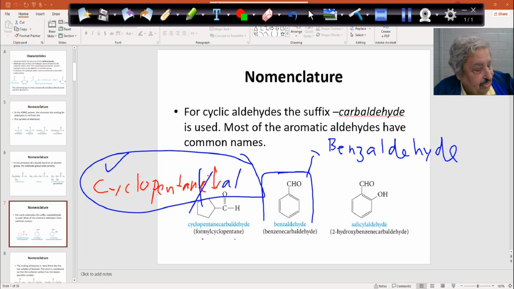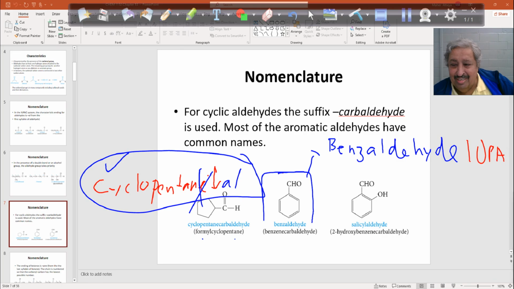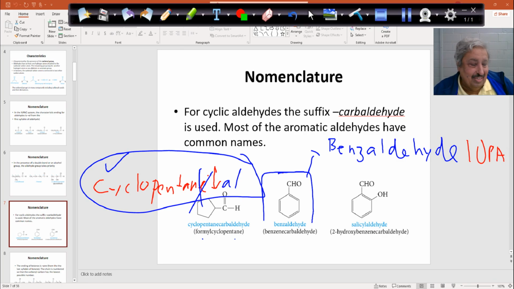That's the common name. But can you think about naming it differently? So benzaldehyde, that's the IUPAC name. But can I look a little bit more at the whole thing? That's not an alkane, that's aromatic, correct? That's a benzene.